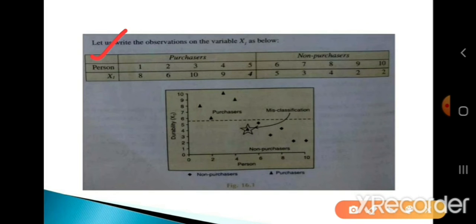Okay. Next, we will write the observations on variable x1, the first variable. There are 10 persons categorized in the purchaser and non-purchaser groups for the first variable x1. That was durability, I guess. Durability.